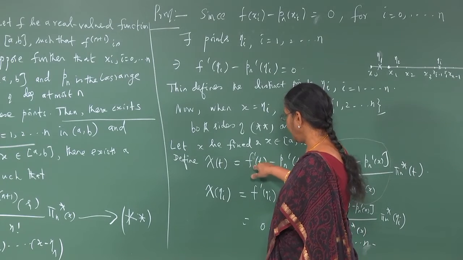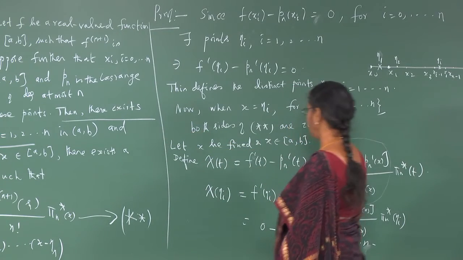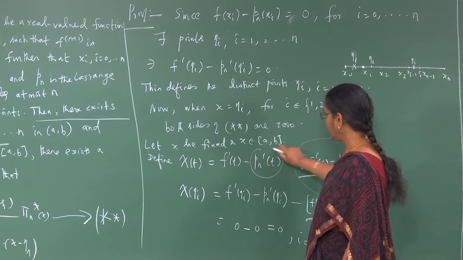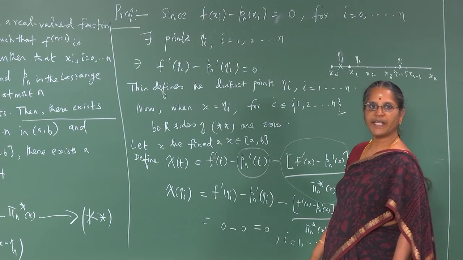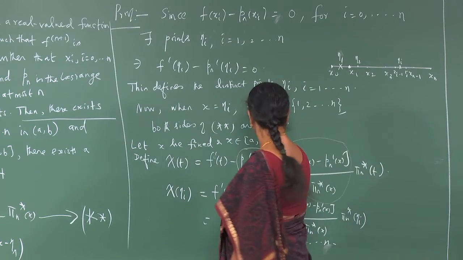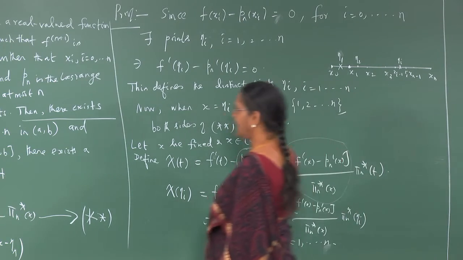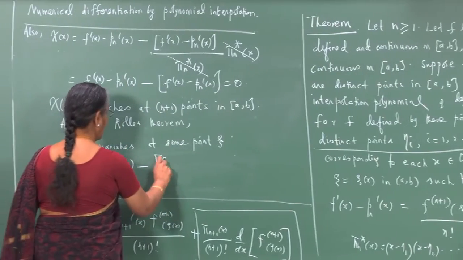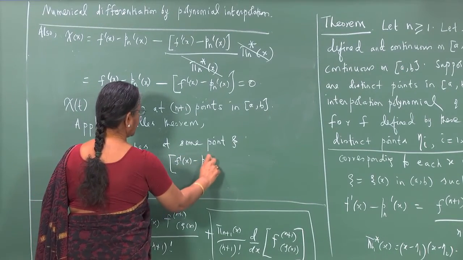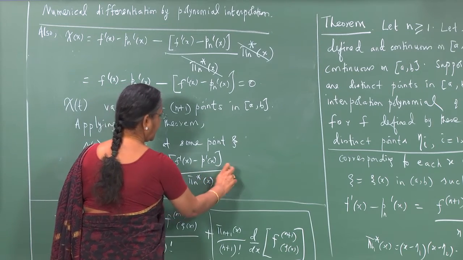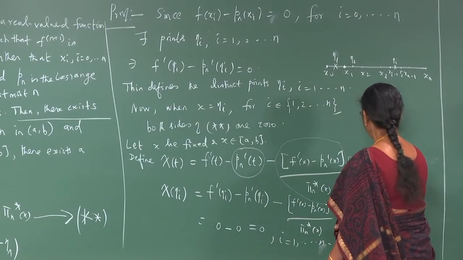So, I differentiate it n times. So, I have the n plus 1th derivative at t, then minus, what about this? This is a polynomial of degree at most n minus 1. So, when I take the nth derivative, this will be 0. This is anyway a scalar. So, I have minus f dashed of x minus p dashed of x divided by pi n star of x into the nth derivative of pi n star of t.